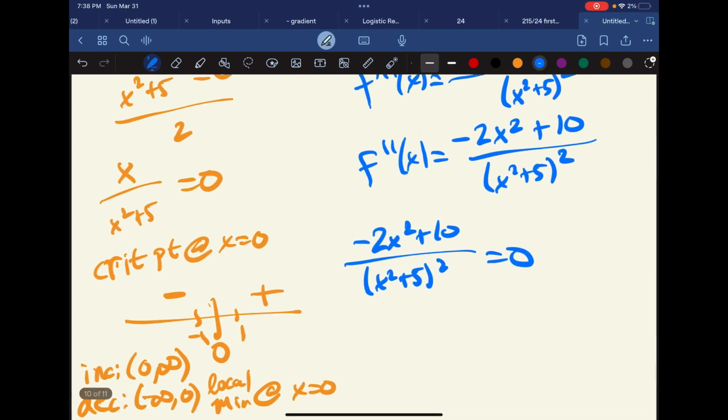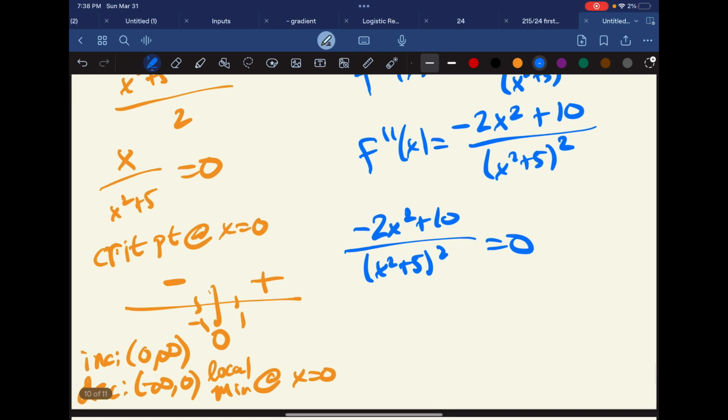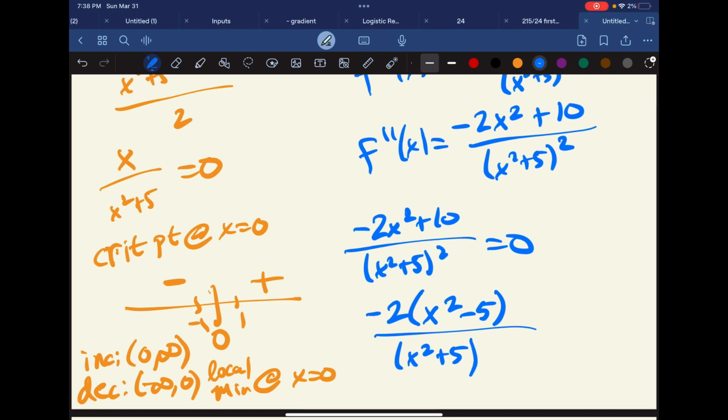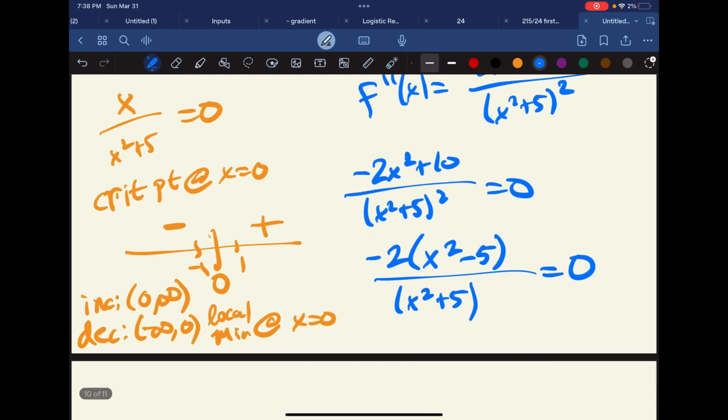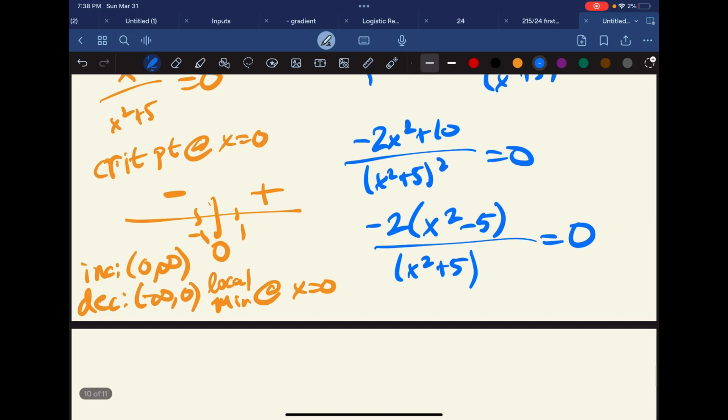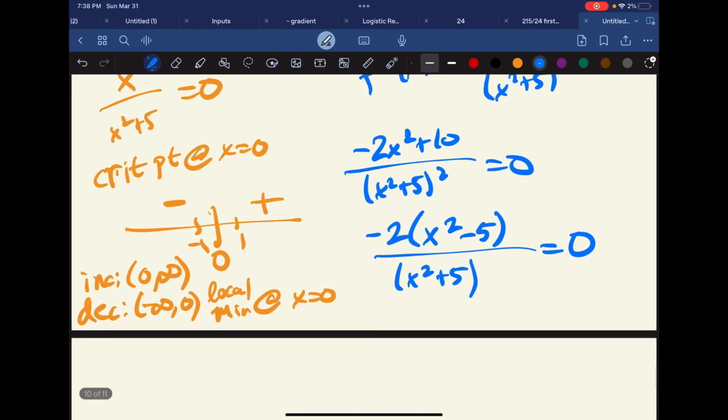Okay, so then we can factor the top. We can factor out a -2, x squared minus 5 over x squared plus 5. Now we can say this equals 0.